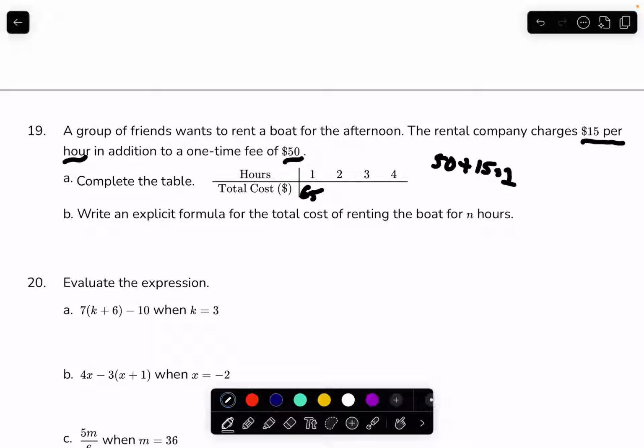You can just go 65 plus 15, which is 80, or you can go 15 times 2 is 30, and 50 plus 30 is 80. Then for 3 hours, it's another 15 because it's $15 per hour, so that's 95. And for 4 hours, that's another 15, and that's 110.